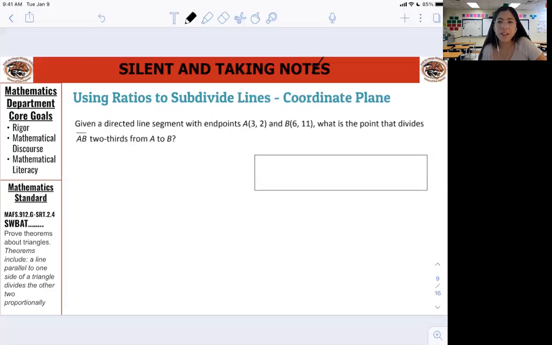I mean, you don't really need one in the end, right? We know how to find the rise and the run without a graph. We know that there's a formula. We know how to do all that math without a graph. So let's try it. Let's see how we do. So I know that we have point A and we have point B. And it's telling me to divide it 2/3. So do I need to convert that into a fraction or it's already a fraction?